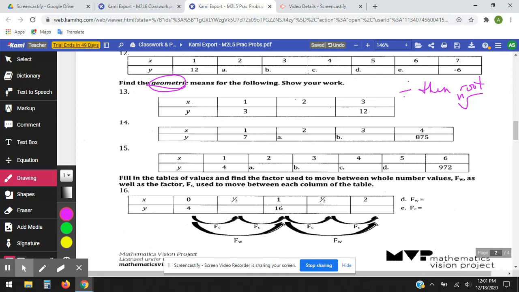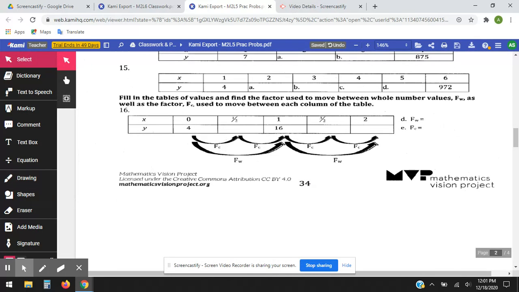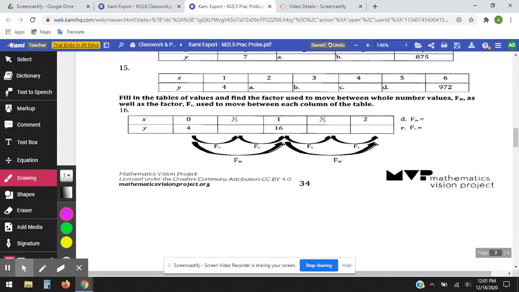So let me just go through number 16. This one has confused some people. Say pause if you're filling out those others first. But otherwise, those should be pretty straightforward. So 16 has some different notations that might be confusing. Think in terms of this one, this F of W. It's saying, what am I doing to 4 to get to 16?